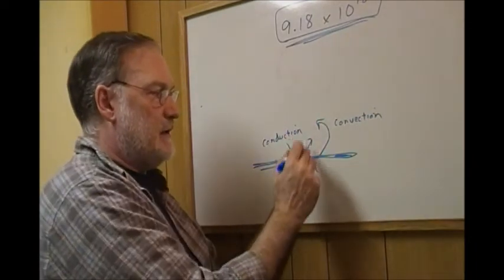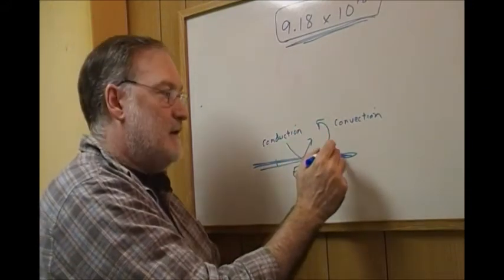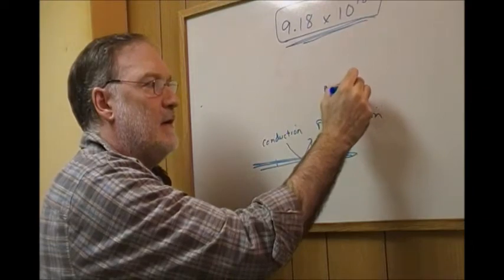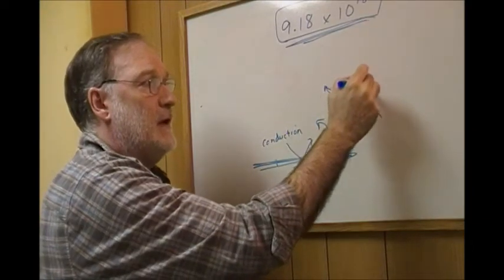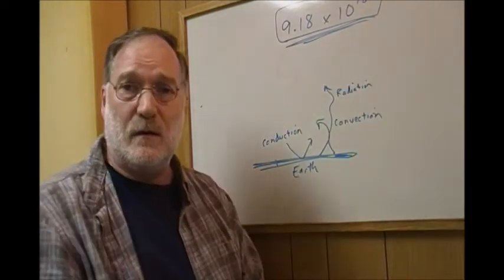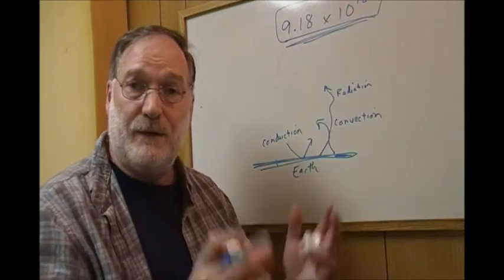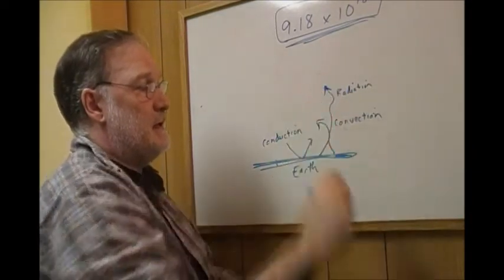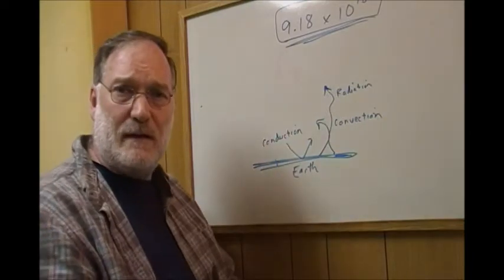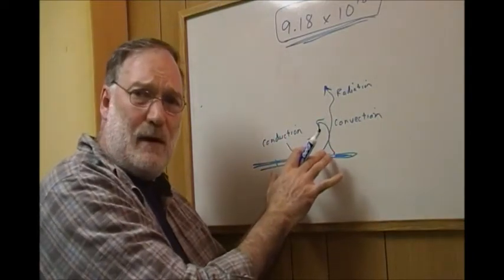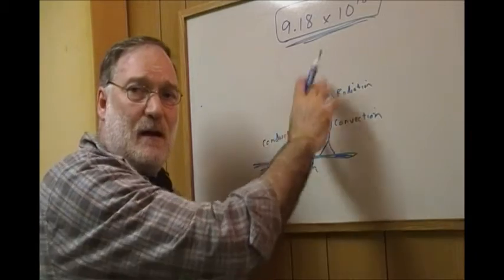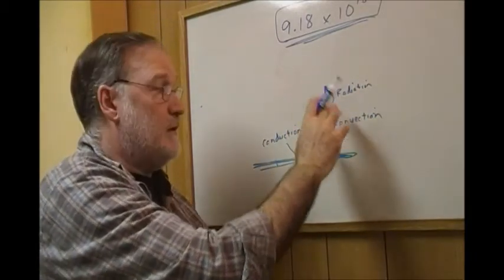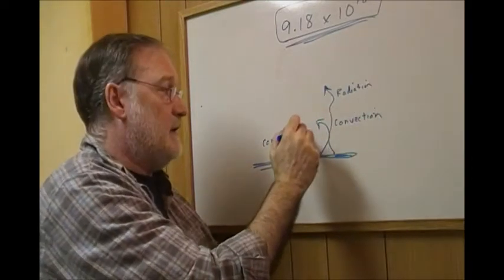Now, in addition to the conduction and the convection, the greenhouse gases can absorb some of the radiation. We saw that carbon dioxide absorbs around the 15 micrometer wavelength. So the air is warmed three ways. It's warmed by direct contact with the ground, by sharing that heat energy by contact with other air molecules, and through convection and conduction.